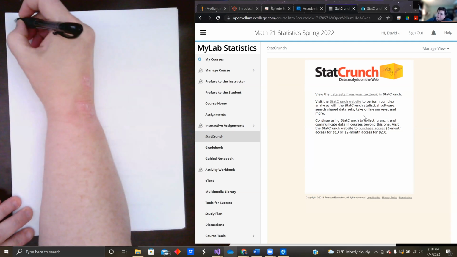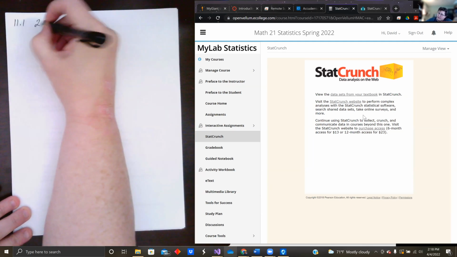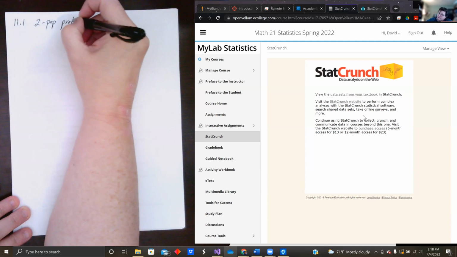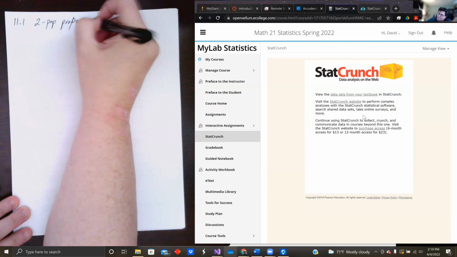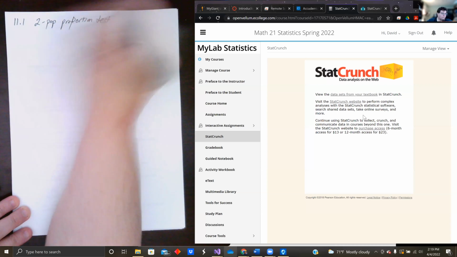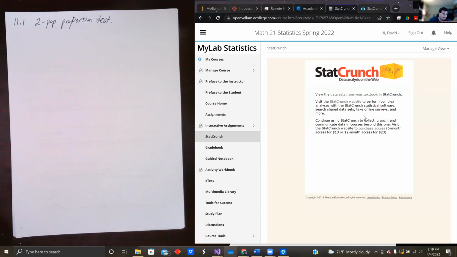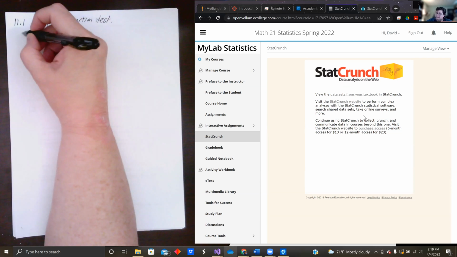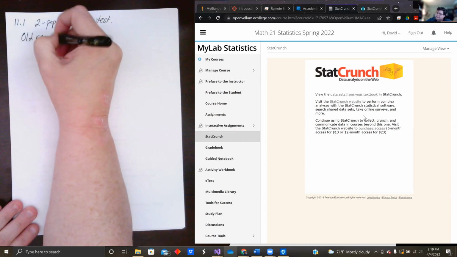So 11.1 is on a two population proportion test. Remember our requirements for the proportion test? The old requirements for the one proportion test still apply.